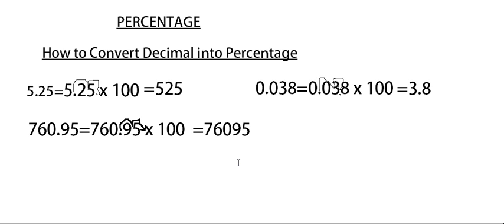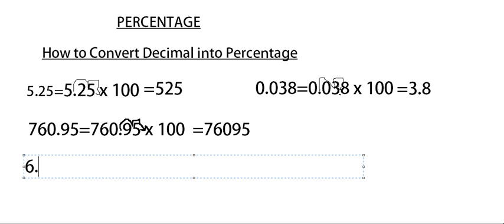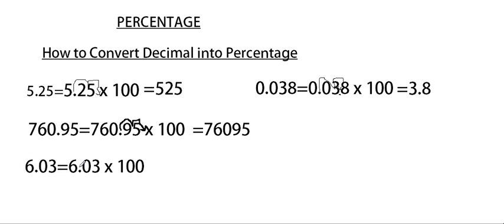Another example, 6.03. Same, I will multiply this number with 100. 6.03 into 100 in order to bring it into percentage form. And then place the decimal 2 places towards my right.